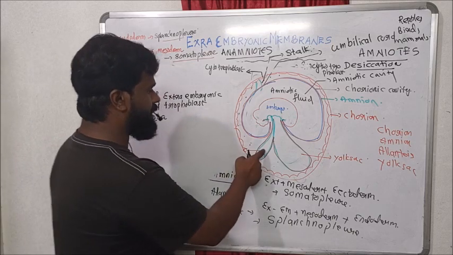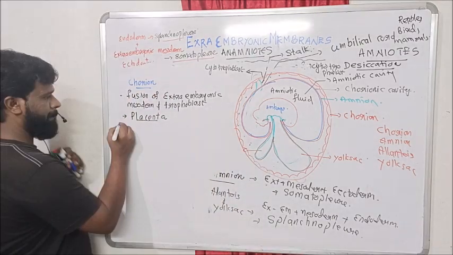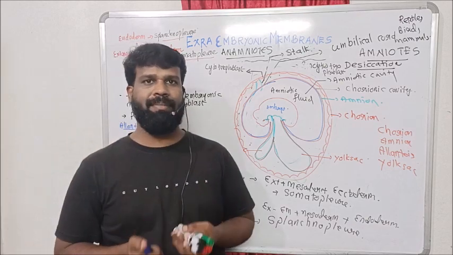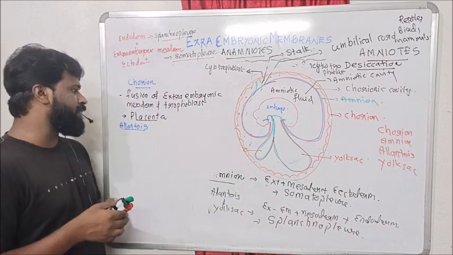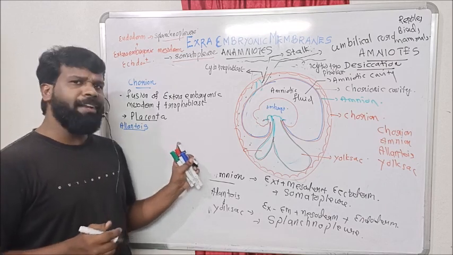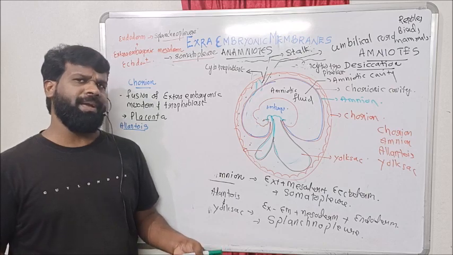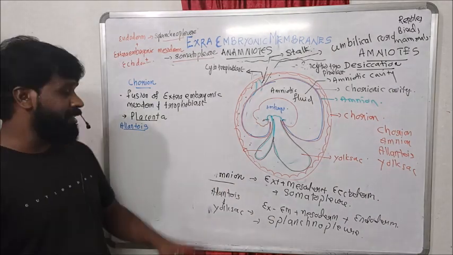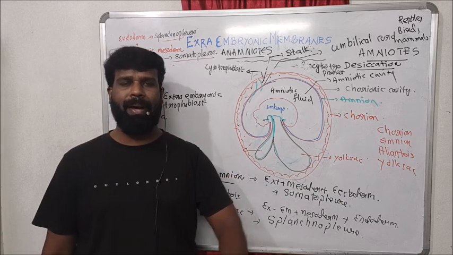Next extraembryonic membrane is allantois. This allantois is very much reduced and vestigial in man.